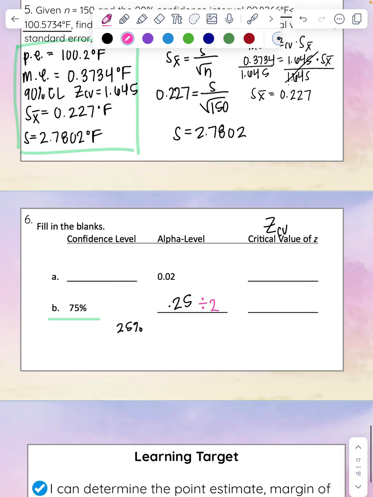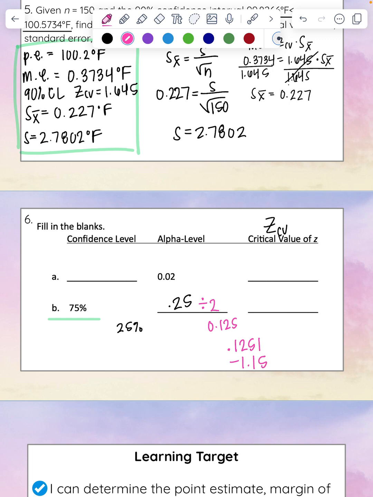So once I divide by 2, I got 0.125. Now I'm looking at my table for the proportion closest to 0.125. And I found 0.1251. That critical value, or that z-score, is negative 1.15.